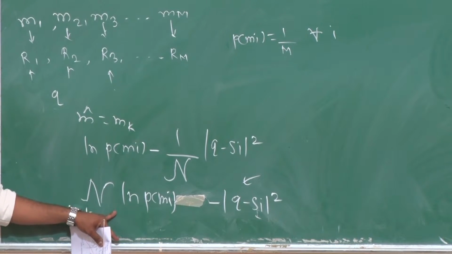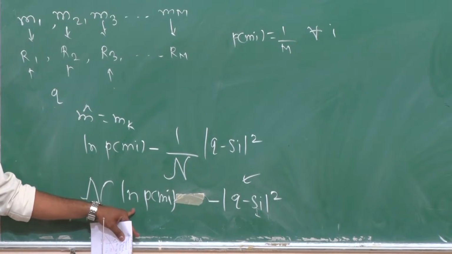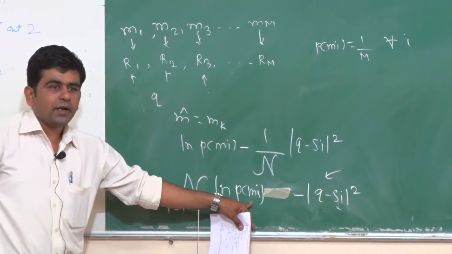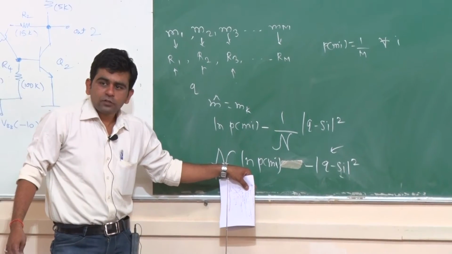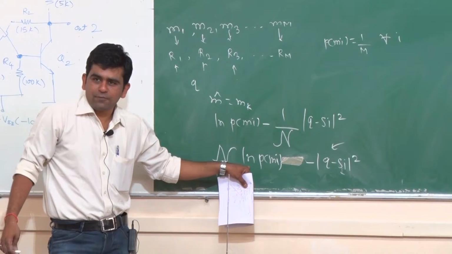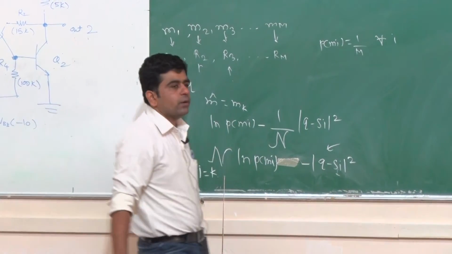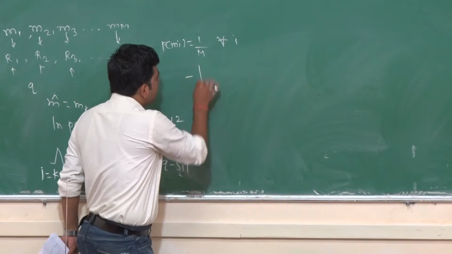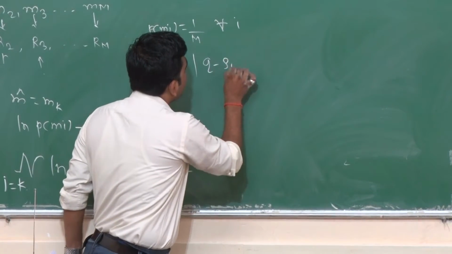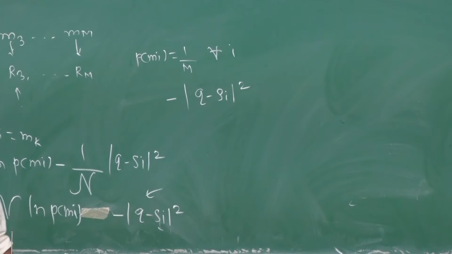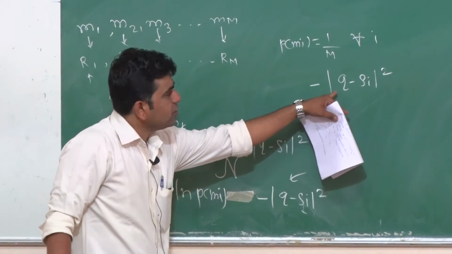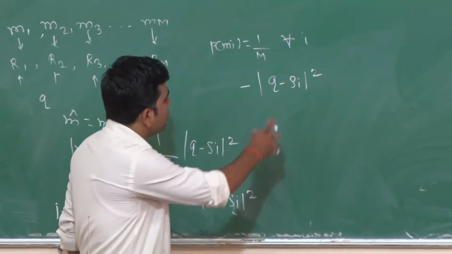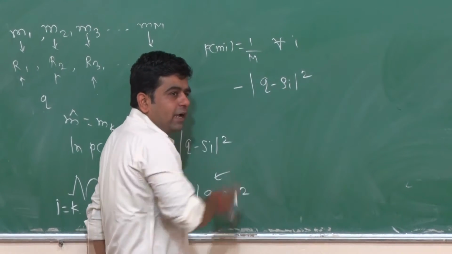In this decision function, we have N, the power spectral density of the white noise, times natural log of probability of Mi. Here this quantity is fixed, 1 by M for all i. Can I ignore this, as it is common for all the i functions? Yes, ignore this one. So finally we have minus the norm of Q minus Si squared, which gives the distance between point Q and Si.